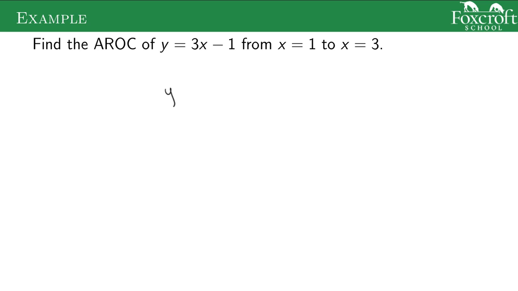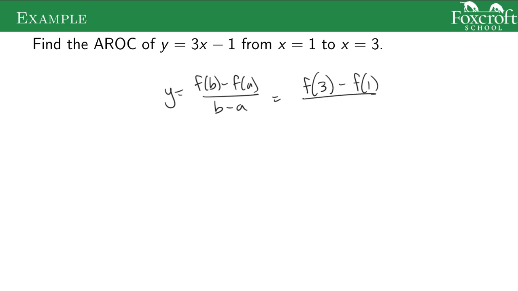Think about our formula. We need to figure out what f of b is, so that's f of 3. It doesn't really matter which one you call a and b, but we'll say the second one is b, and the first one is a. So f of 3 means I'm going to plug in 3 for my x, and for that I get 8.